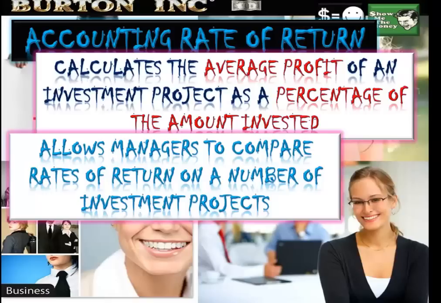So we're looking at return on our investment, and we're looking at it as a percentage. If we front up with $1 million to purchase some sort of capital equipment, what percentage return in profit is this investment going to generate for the firm?